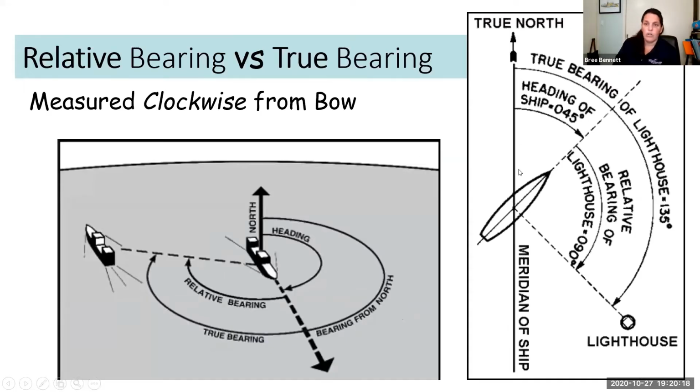Okay, so true bearings, when we're talking about true, and everything we put on the chart or take off the chart is always in true, instead of compass or gyro or magnetic or all these other things we can use. True is always measured from true north, right? And our true north is geometrically, right? It's not actually the North Pole or anything.